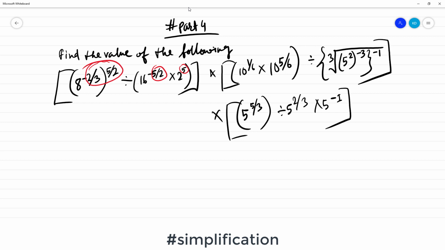But before solving this question, you have to know some notation: a to the power m, within a bracket, to the power n. That means do nothing, just multiply both powers, and that is the value. So here we apply this formula.